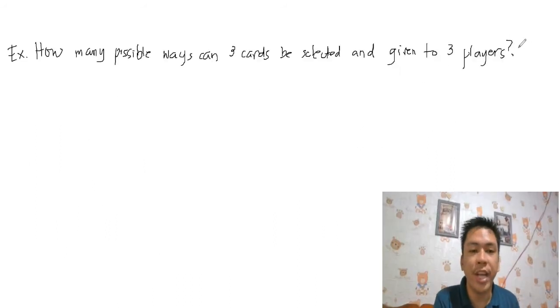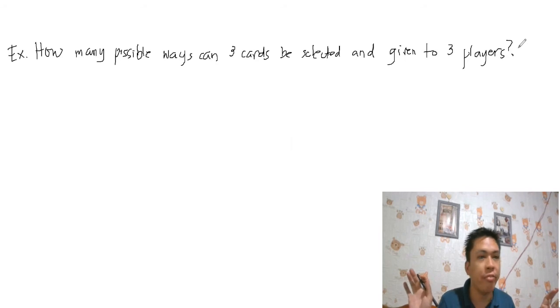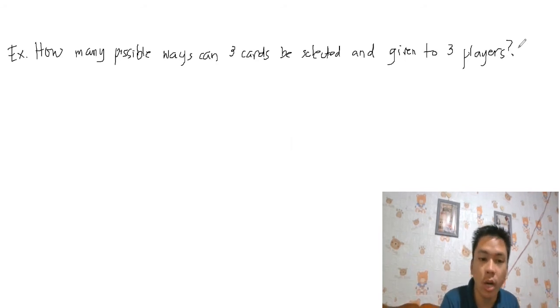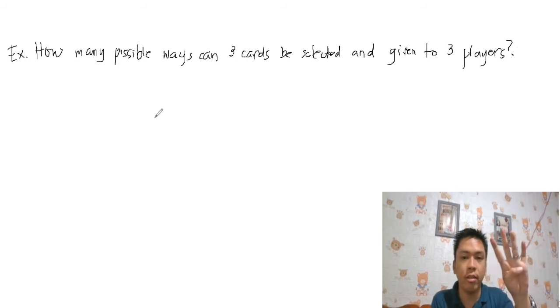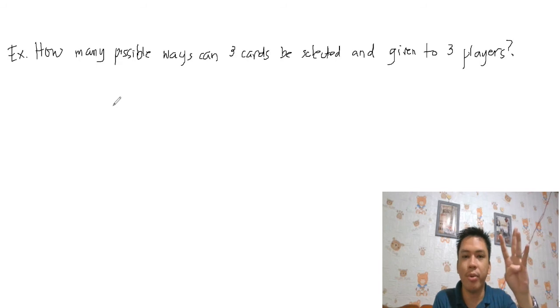Okay, so let's consider another example here. How many possible ways can three cards from a deck of cards be selected and given to three players? Basically you have 52 cards in total, because there are four different suits, like diamonds, hearts, and so on.